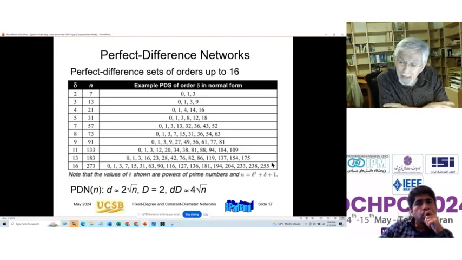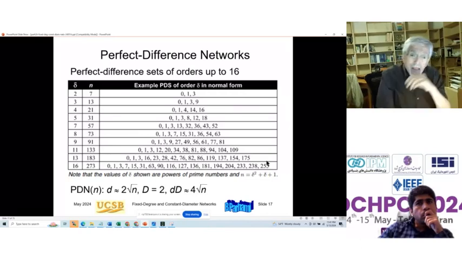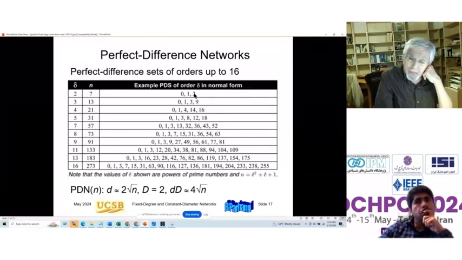Perfect difference sets have been discovered a long time ago by mathematicians. So for example, that network that I showed you is based on this set, 0, 1, 3. So 0 you can just ignore because each node is connected to itself.